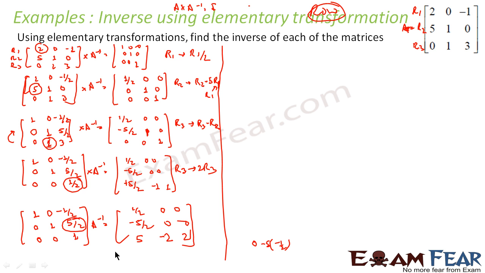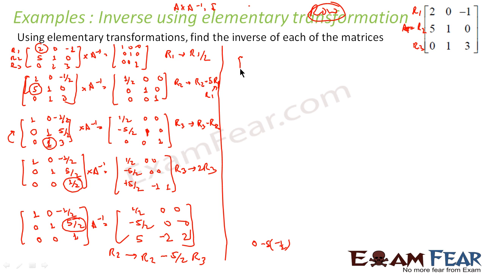So what I can say is R2 is nothing but R2 minus 5 by 2 R3. 5 by 2 minus 5 by 2, because this is 1 into 5 by 2 is 5 by 2. 5 by 2 minus 5 by 2 will be 0.